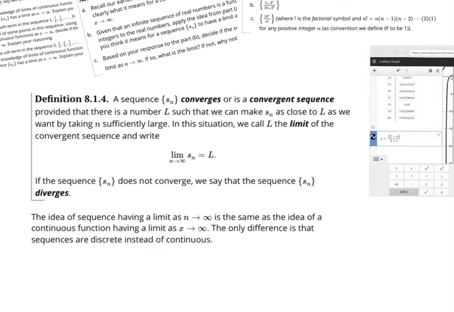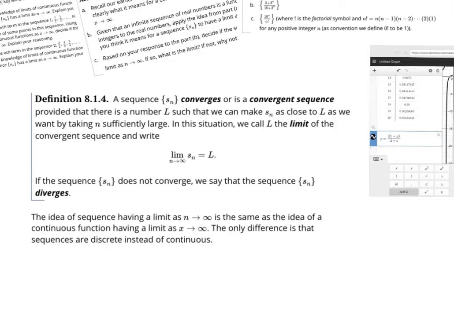We say a sequence converges, or is a convergent sequence, if we can find a number L that we can make S_n, the terms of the sequence, as close to L as we want by making n large enough. So the way we write it is the limit as n approaches infinity of S_n is equal to L. Very similar to the behavior with functions as x goes to infinity.